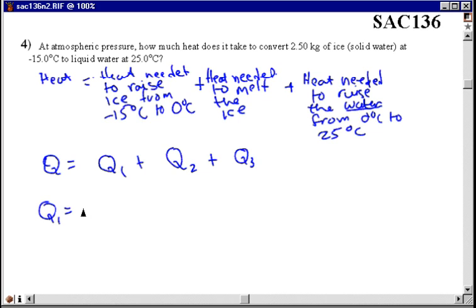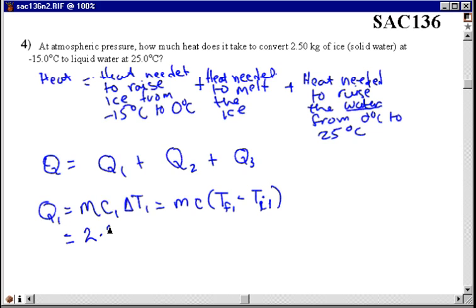Q1 is we're going to use the specific heat idea, m c1 delta T1: the mass times the specific heat times the temperature that it reaches minus the temperature it started at, final and initial. So if I plug those in, the mass is 2.50 kilograms.